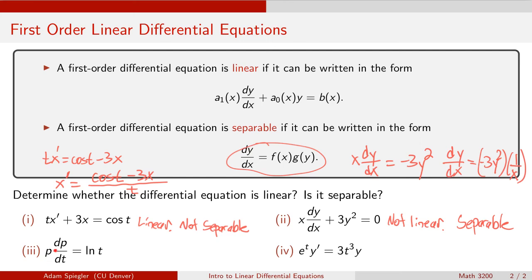So the stuff that's being multiplied by the derivatives shouldn't depend on the dependent variable, and this one does. So this one is not linear. But you could really quickly check that we could separate that one as well. So this one is separable.